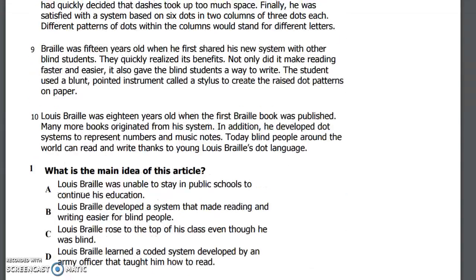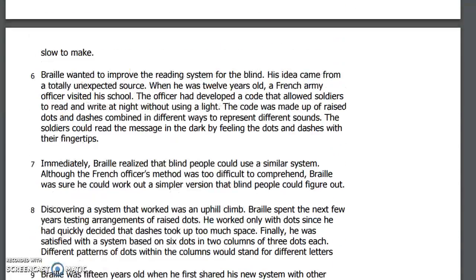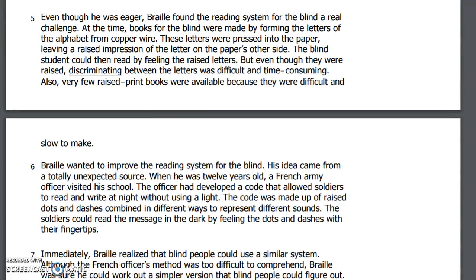Let's look at judging differences. The blind student could then read by feeling the raised letters, but even though they were raised, judging differences between the letters was difficult and time-consuming. Also, very few raised print books were available because they were difficult and slow to make.